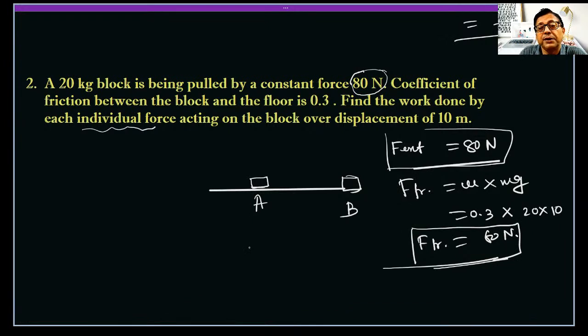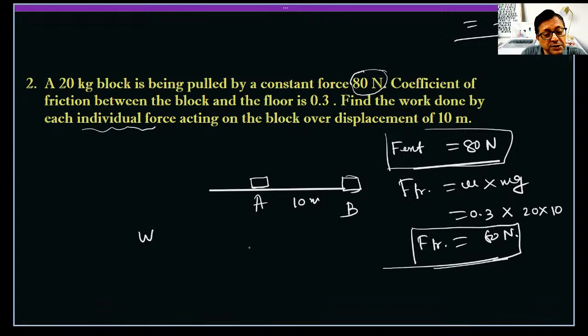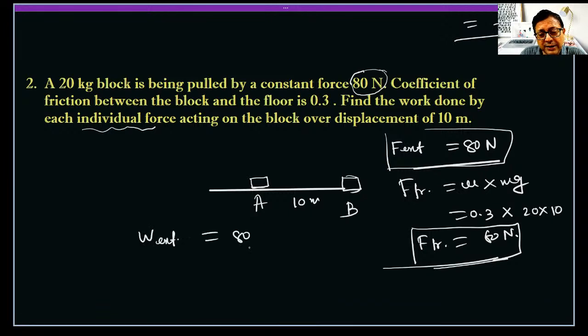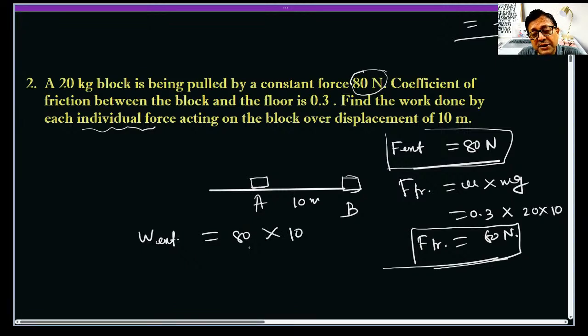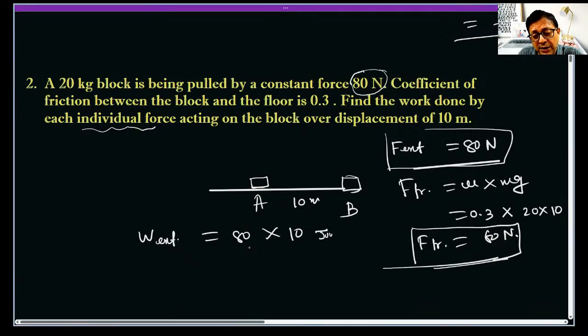The displacement is 10 meters. So work done by the external agent will be 80 multiplied by 10. This is positive because displacement is along the direction of force applied. So 800 joules is the external work done. Clear?